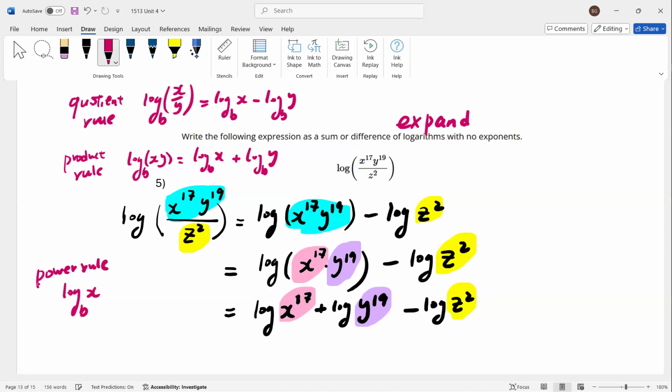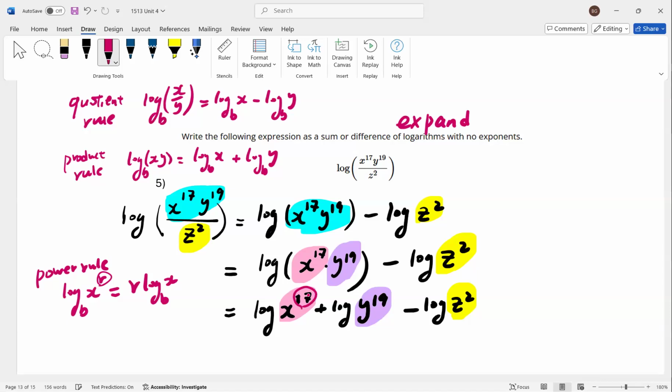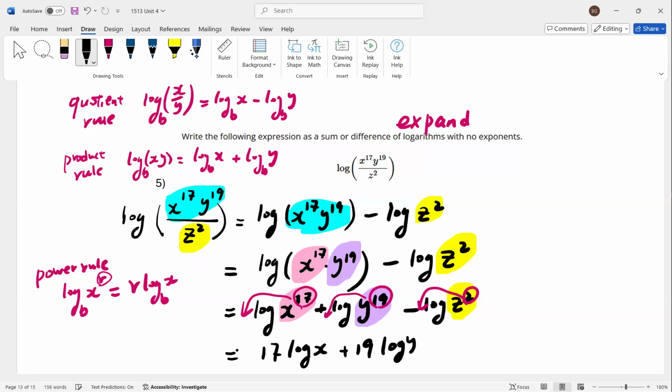Log with base b of x to the power r equals r log with base b of x. It means the exponent in the argument can be taken out and put in front of the log. So we're going to put this 17 in front, this 19 in front, this 2 in front, and then we would have 17 common logarithm of x plus 19 common logarithm of y minus 2 common logarithm of z, and that's the final answer.